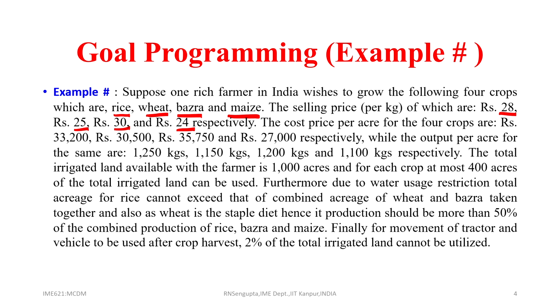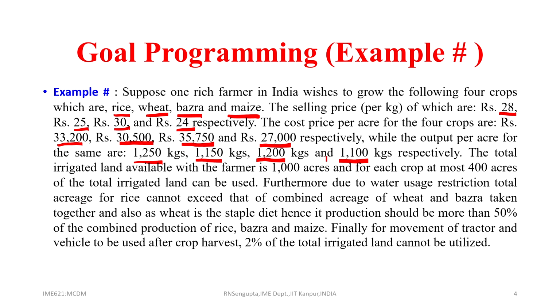The cost per acre for the 4 crops are respectively 33,200, 30,500, 35,750 and 27,000, while the output per acre for these 4 crops are 1250, 1250, 1150 and 1200, and final being 1100.